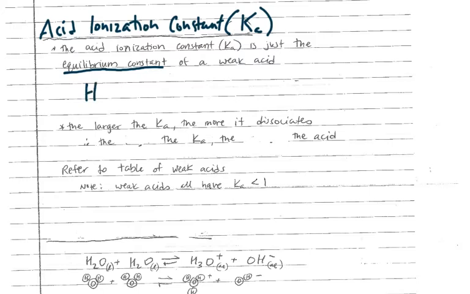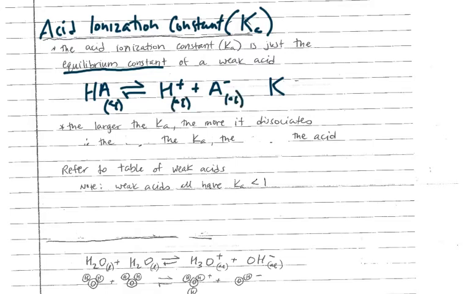If we draw out the equilibrium equation for a weak acid dissociating into protons, hydrogen ions, and a conjugate base, we're going to call it A minus. Okay, the equilibrium constant expression for this reaction, and I'm also going to say that each of these are in the aqueous state.